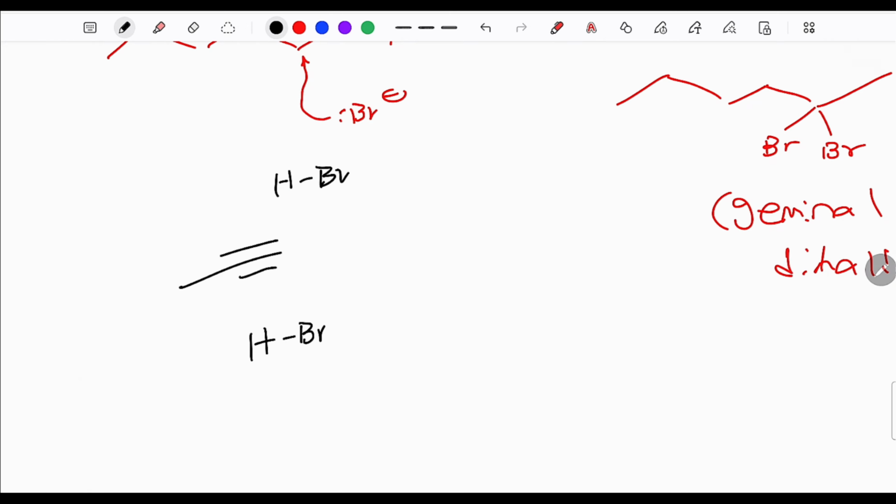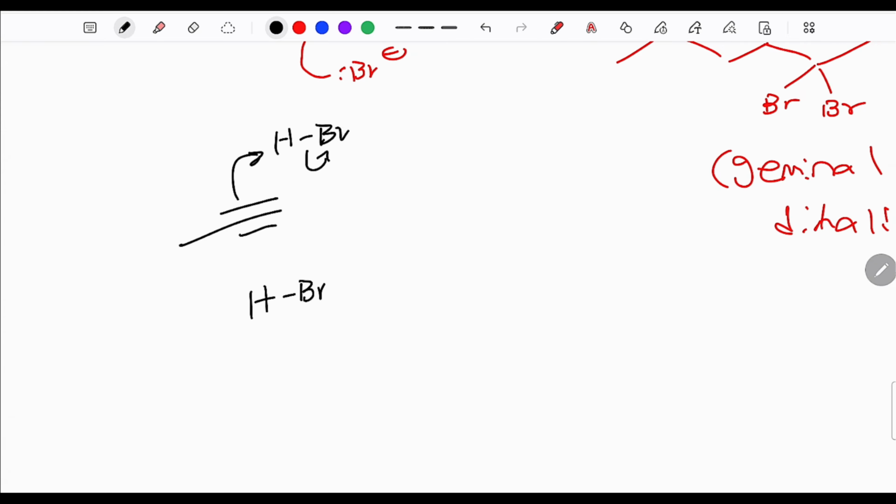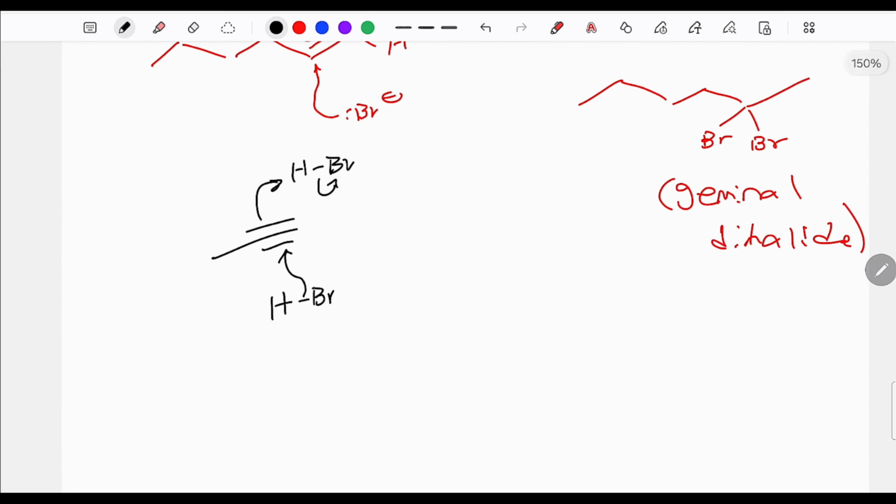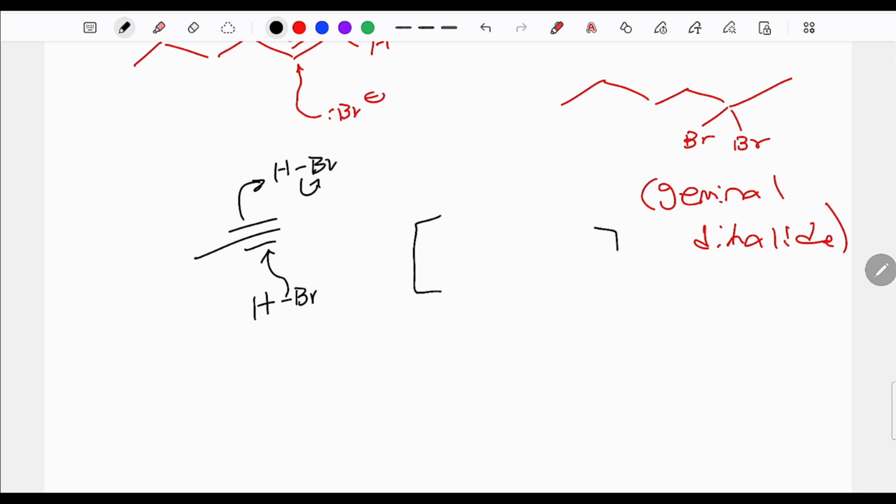So the nucleophilic pi bond will remove a hydrogen from this HBr, and at the same time, a second molecule of HBr donates electrons from here to form a carbon-halogen bond, developing a kind of transition state, which is depicted by this double dagger plus right there. Developing a transition state that looks like this.